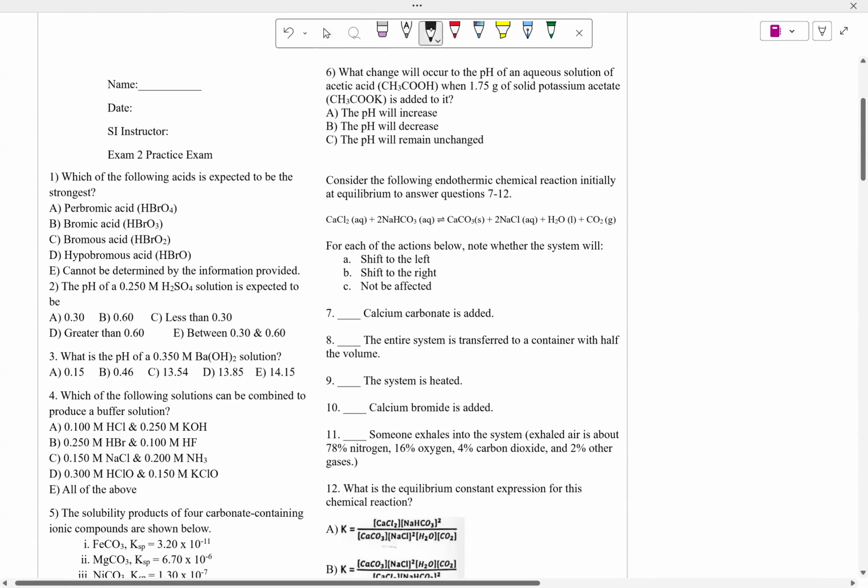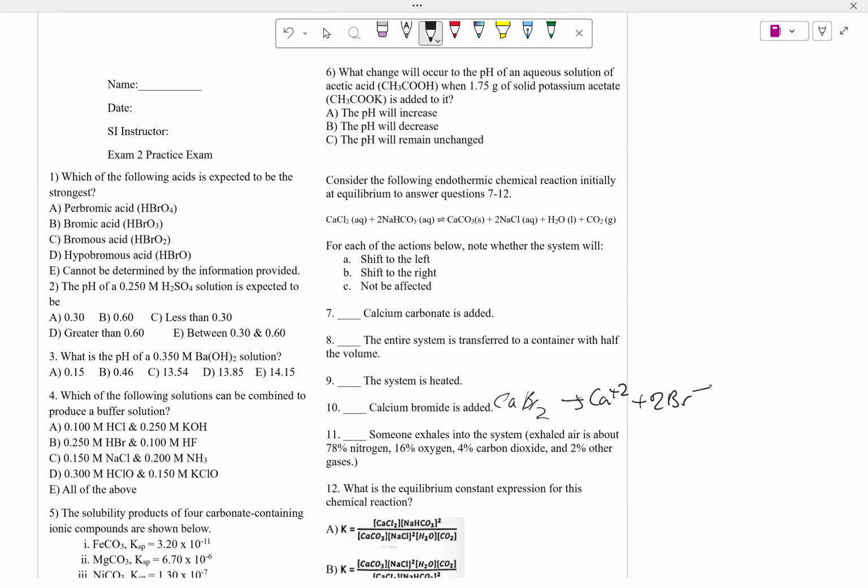So we're dealing with Le Chatelier's principle here. And 10 is asking about calcium bromide being added. Calcium bromide is actually soluble, right? CaBr2 is soluble. So when you add it into a liquid like water, it's going to dissociate and produce Ca2+ plus 2Br-.